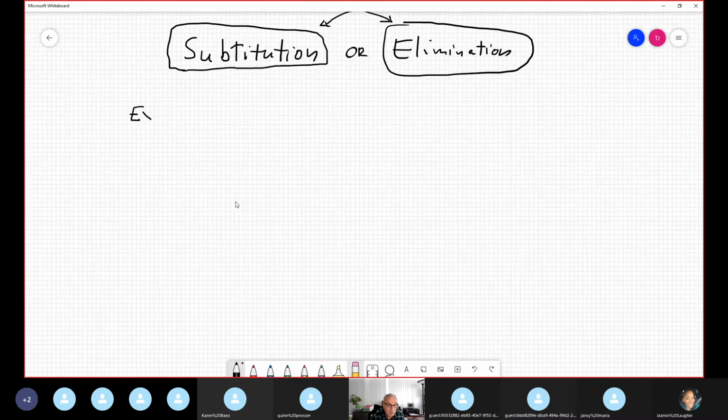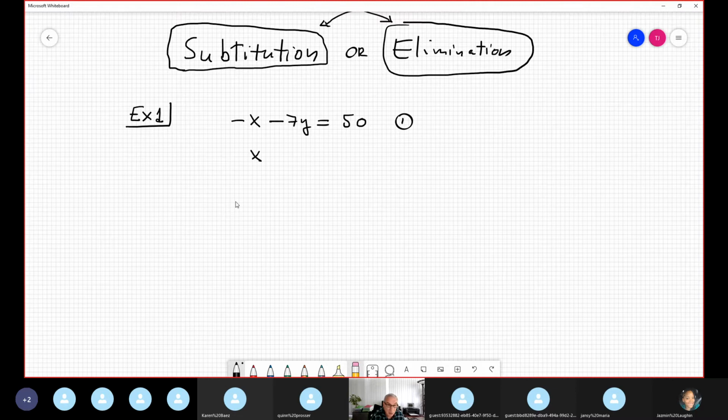Example 1, actually this is example 1. It's x minus 7y equals 50. This is my equation 1. By the way, it's linear. And x squared plus y squared equals 100. By the way, it's nonlinear.